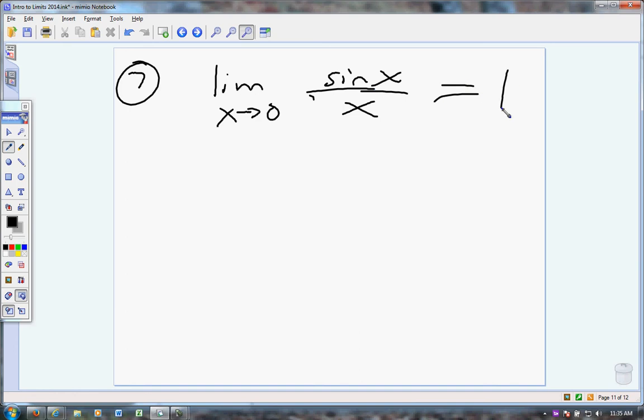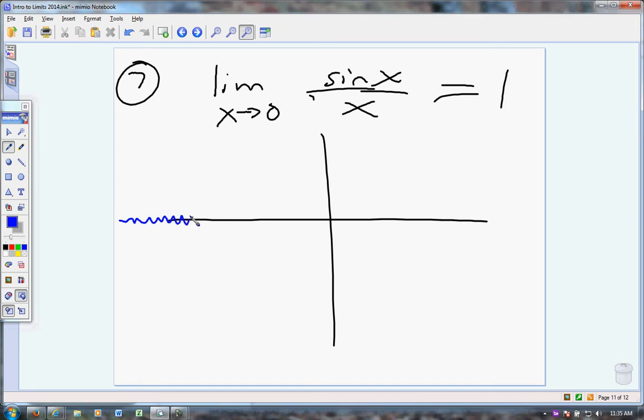Okay? And the situation that's going on here, if we look at this graphically, we're running a little short on time, so I'm just going to sketch this for you. This thing oscillates around the x-axis like that.